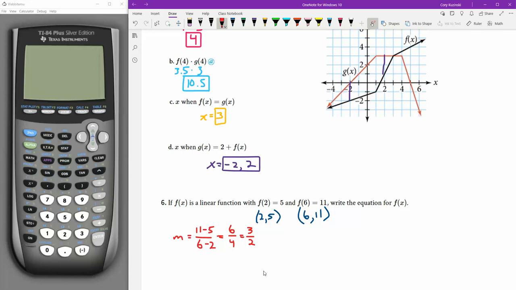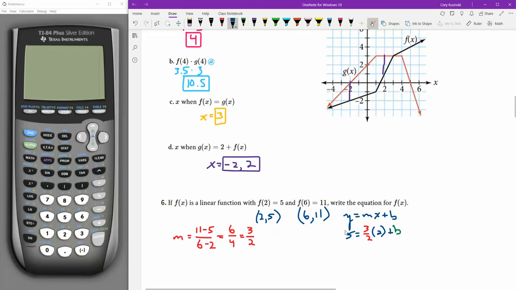And now we just need to figure out the y-intercept. So how about we do that by going y equals mx plus b. So we can take either of these points. I'll plug 5 in. 5 equals 3/2. That's the slope we just found. We're going to put in the x value, 2, and that'll help us figure out the y-intercept, b. All right.